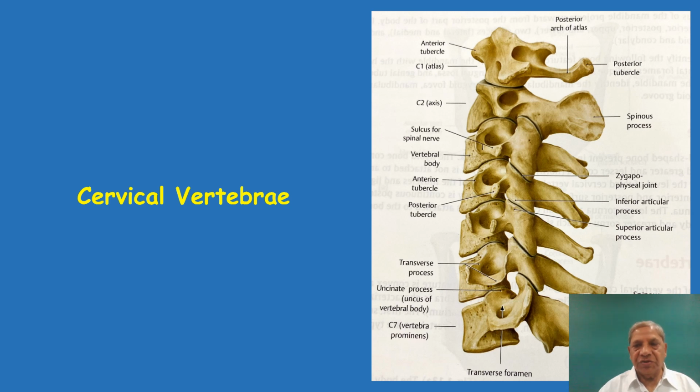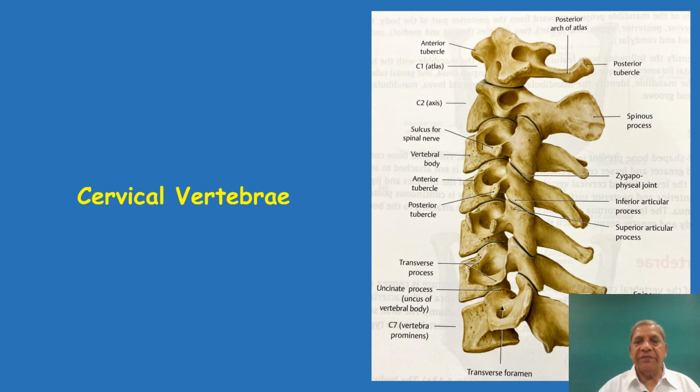Then the next question will be, how many of these cervical vertebrae are typical or atypical? Typical means what? Then you should say that the typical cervical vertebrae, their structure resembles one another, and that's why they are called typical, and they are C3, C4, C5 and C6.